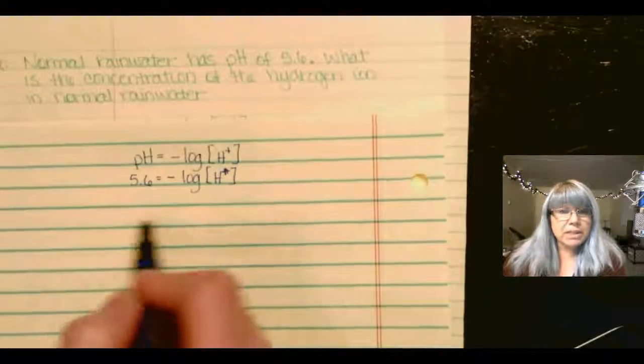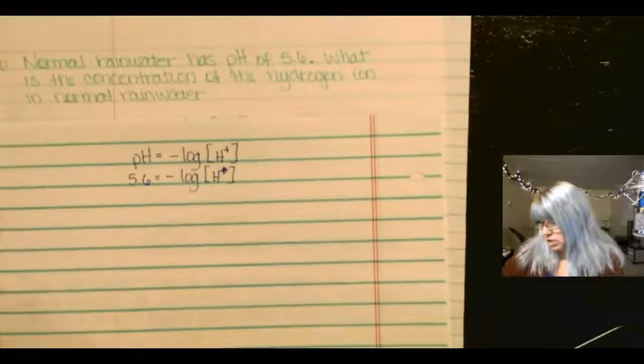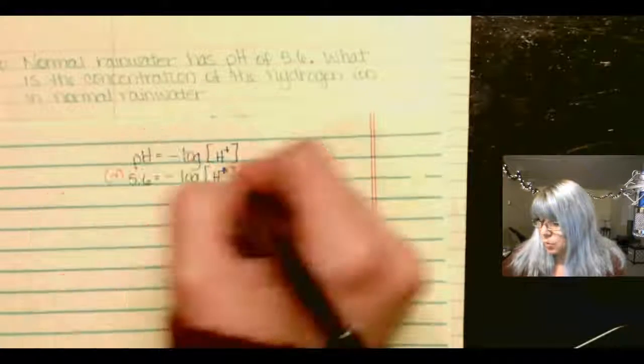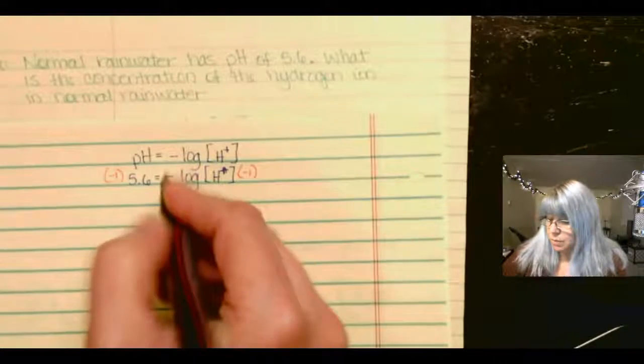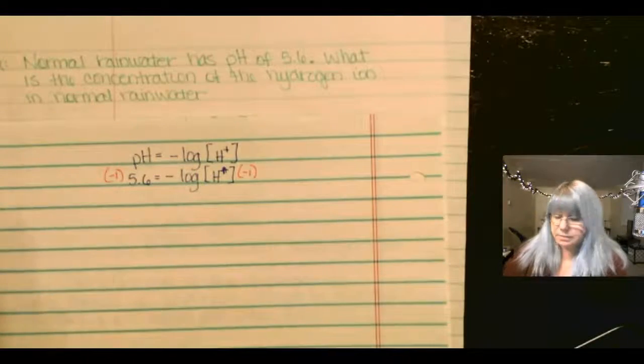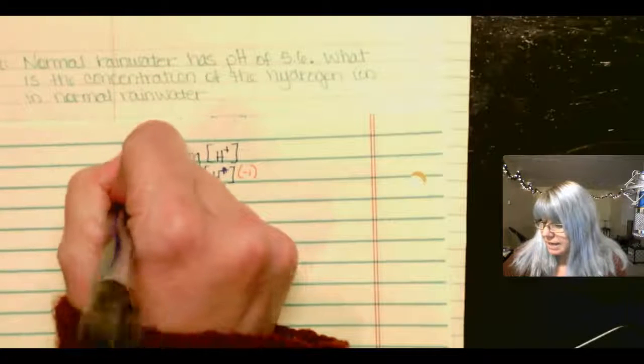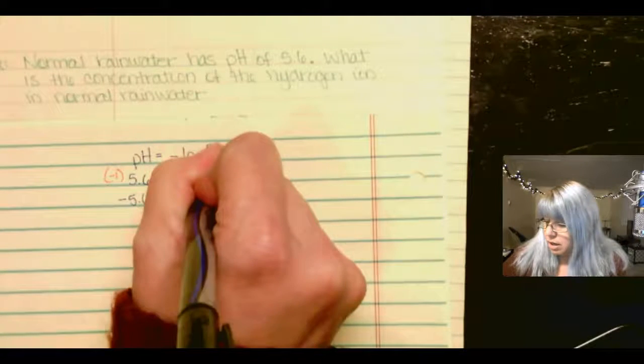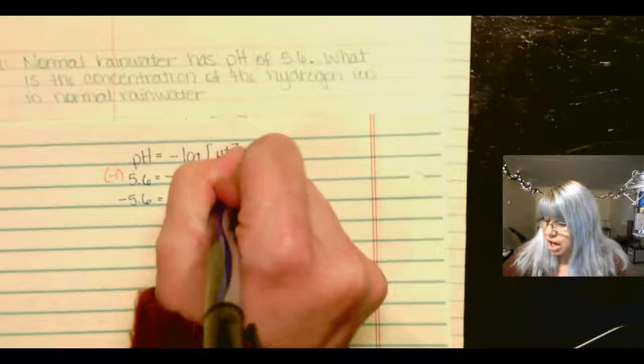I'm going to first be kind of clever about this, and multiply by -1 to both sides. That way it's not negative log whatever. So I get negative 5.6 will equal log of however much hydrogen ion we have.